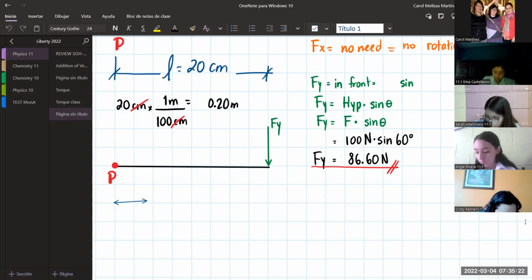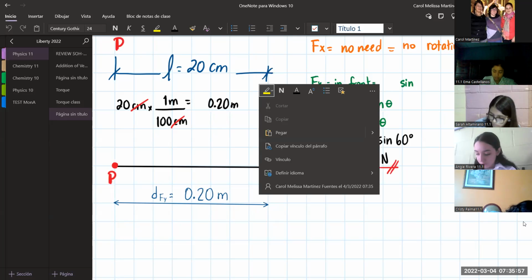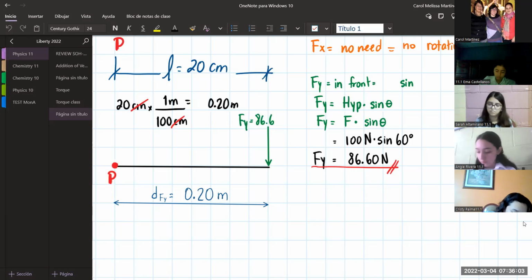In this case, the lever arm is d1, or dFy, that'll be better, to be honest, equal to 0.20 meters. So what is the value of Fy? We can make the substitution directly in the free body diagram. Fy equals 86.6 Newton.